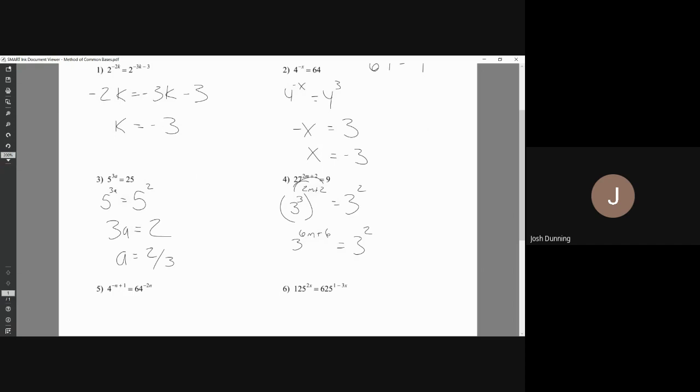Now our bases are equal. So now I can say exponents are equal. 2-step equation, subtract 6. Divide by 6. Reduce that down, negative 2/3.